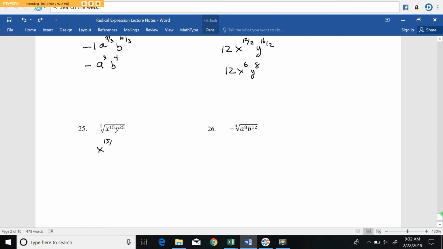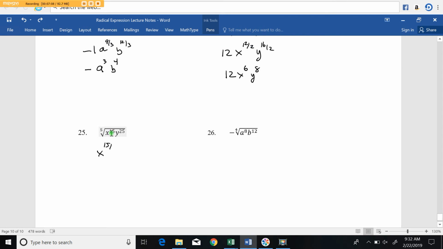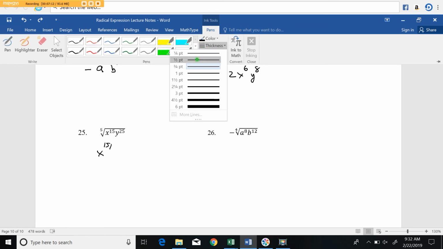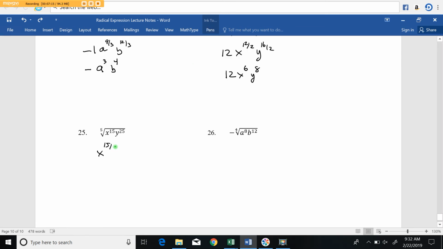Where were we here? There we go. Okay, that was 15 over 5, not 3. Y to the 25 over 5. And that's going to be x to the 3rd, y to the 5th.